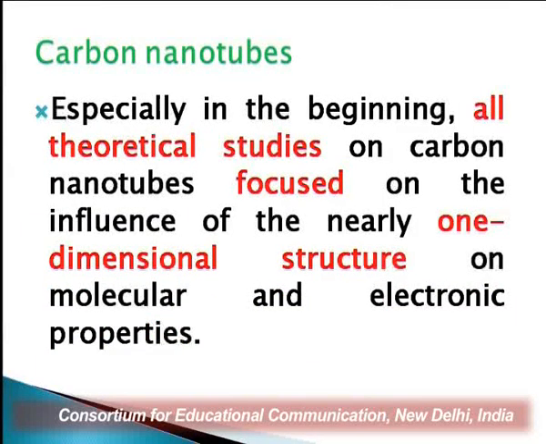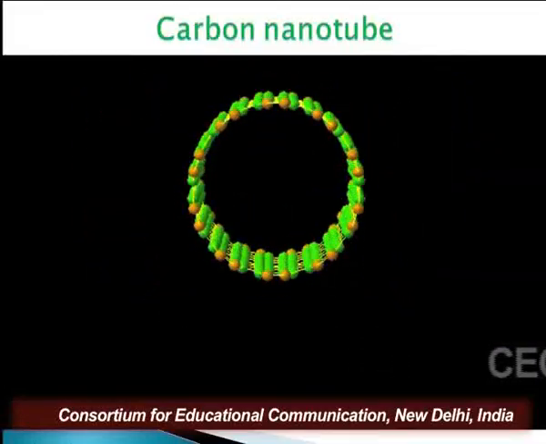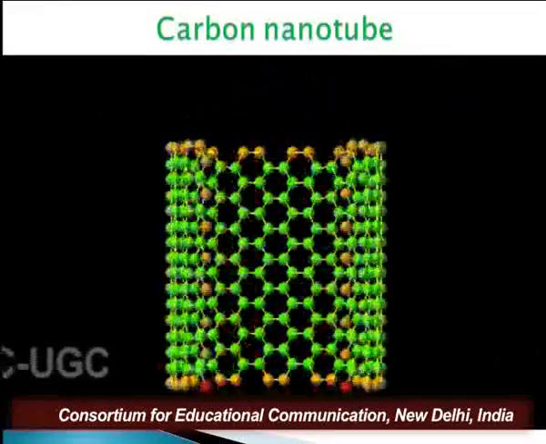Especially in the beginning, all the theoretical study of carbon nanotubes focused on the influence of the one-dimensional structure on molecular and electronic properties. Because of its one-dimensional structure, it has unique molecular and electronic properties, and it is used in developing many electronic devices.